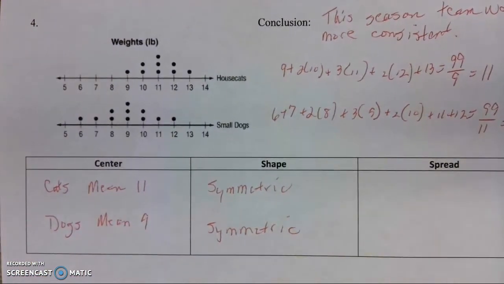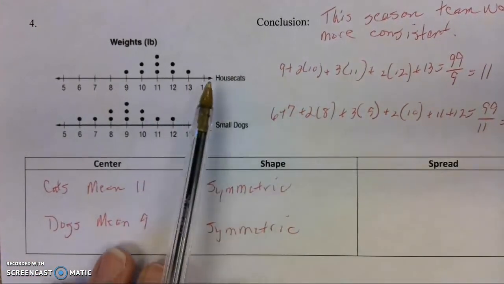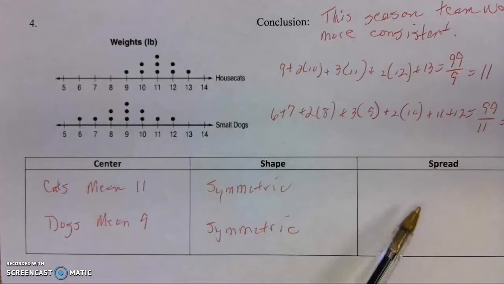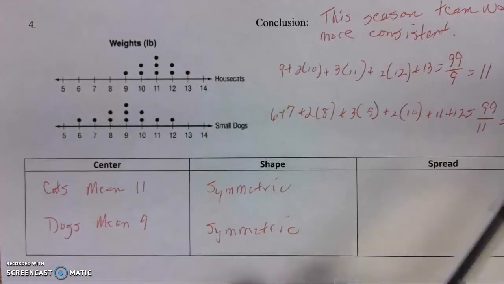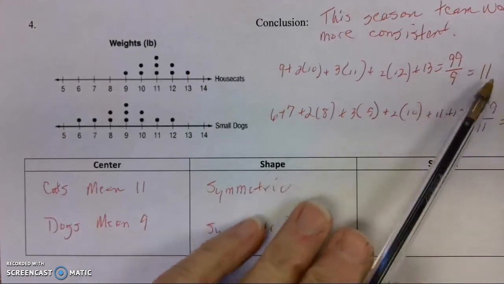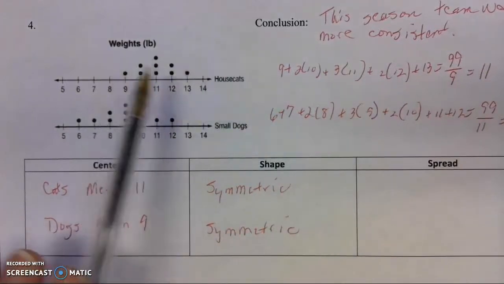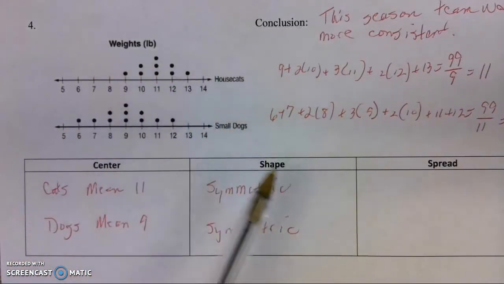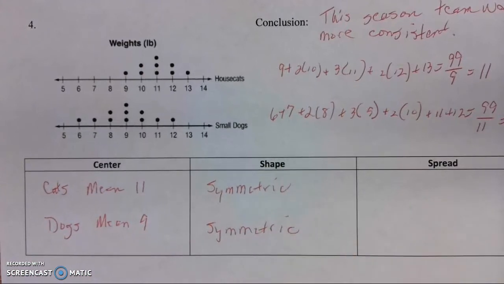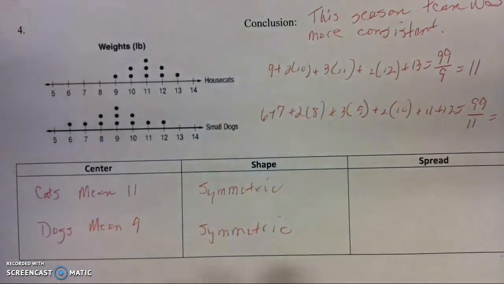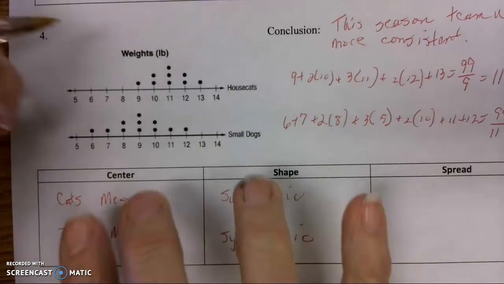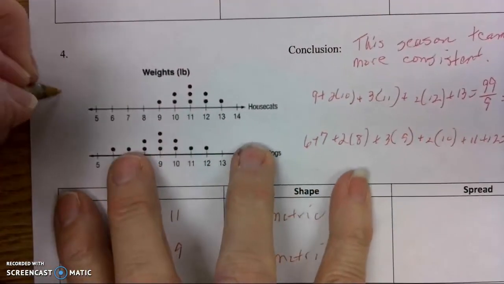Now, again, remember the mean is associated with mean absolute deviation. So now I have to go back and subtract the mean from each value, add those all up and divide by 9. I'm going to just give you what those MADs would be.